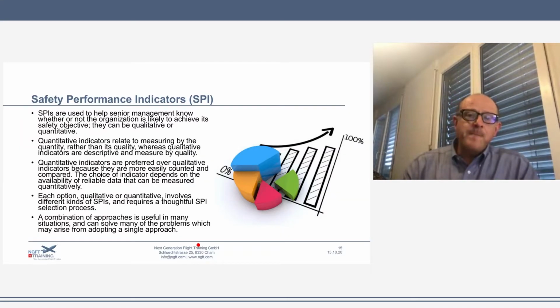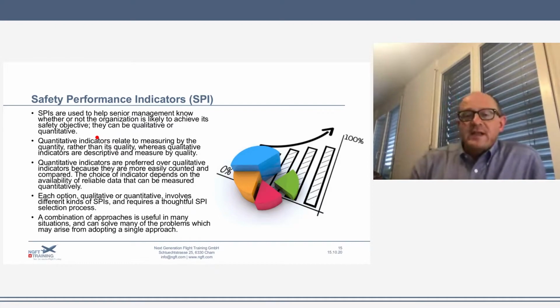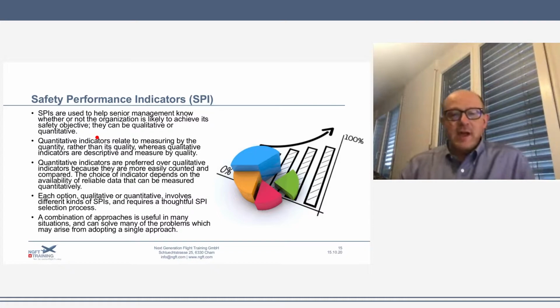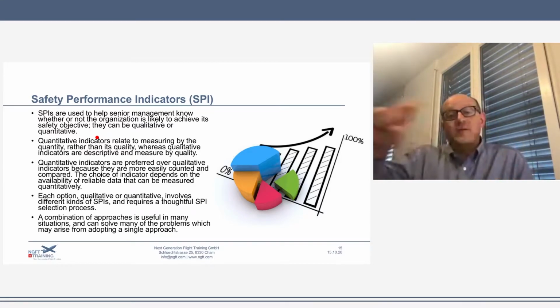So, good. Now, based on these objectives, you can define what the indicators should be. How do we measure? And again, that relates back to what we discussed before. How can we define indicator metrics that actually have an influence and measure safety?